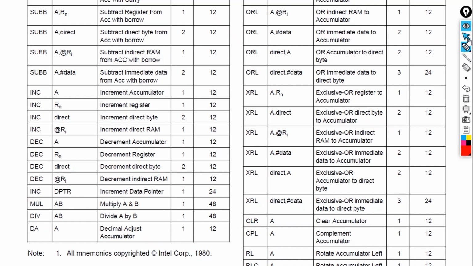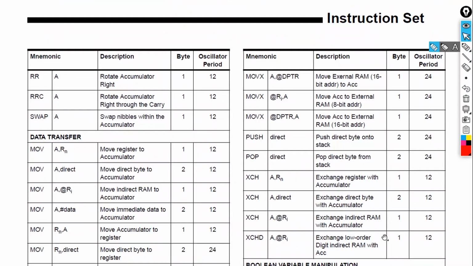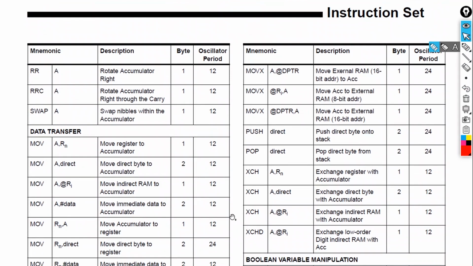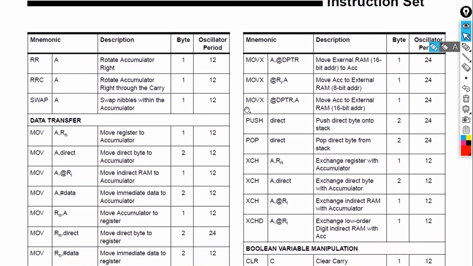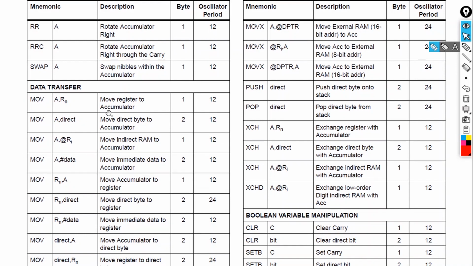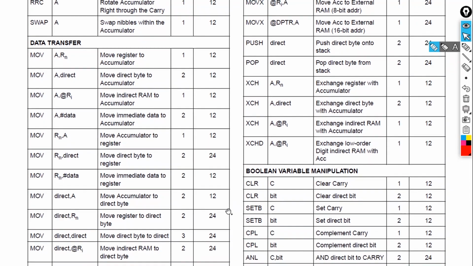So this is meant for only the logical and arithmetic operations. Now if you look at rotate right with carry, again the requirement is one machine cycle. For data transfer inside our 8051, one machine cycle is required, and for direct byte to register, it requires two machine cycles.